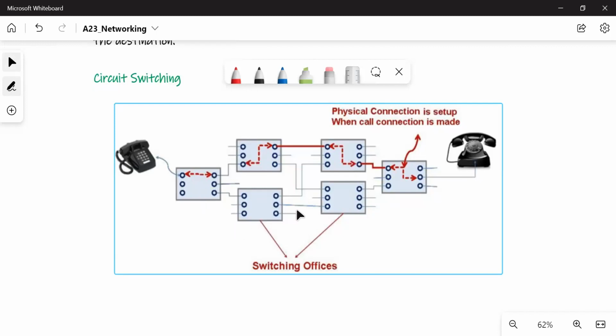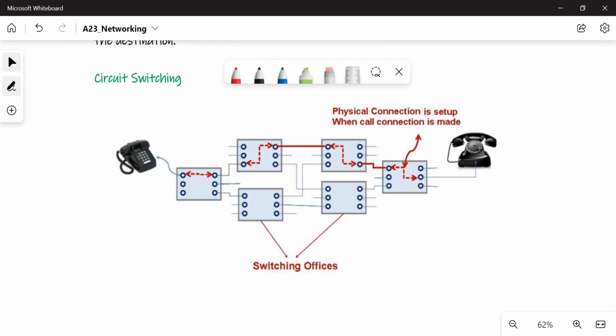These are called switching offices, places where we have switches, and these switches are connected to each other. Let's say this telephone wants to connect to this telephone, then it will set up a physical connection between the switches from the starting point to the end point. And this is what we call circuit switching.